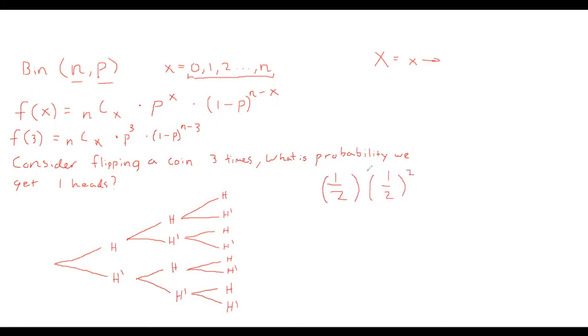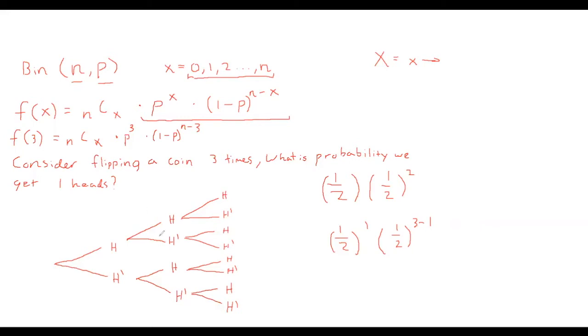And if you look, this is the exact same thing as the equation up here, where instead of x equals 3, x is actually 1. And so you would have 1/2 to the 1, and then you'd have 1/2 to the 3 minus 1. And so that is where the second half of the binomial PMF comes into play.